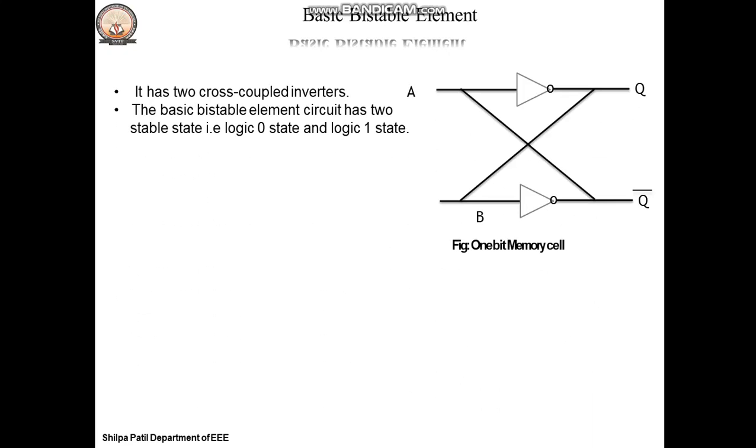First, take A as 0. When A is equal to 0, what is Q? Q will be 1. That 1 will be fed back to inverter 1, that is B is equal to 1. So Q bar is 0. When you give A as 0, you get Q as 1 and Q bar as 0.